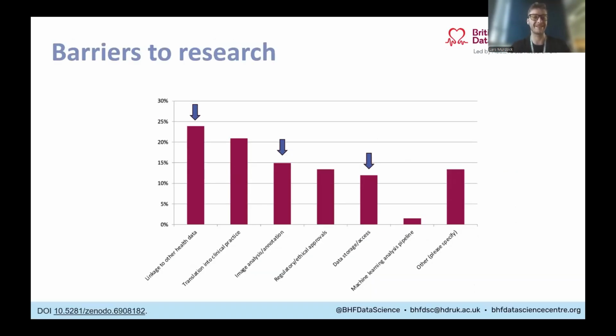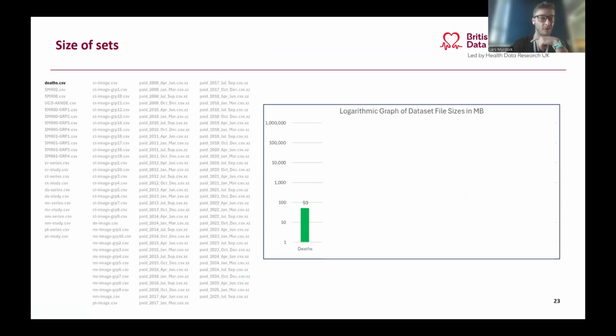So if we come back to the barriers to research, we can see that this set is hugely important to being able to link to other health data and look into what the scan might have been used for and some of the earlier results, and to be able to access it. And on the topic of accessing, the data that sits behind these kind of scans is huge.